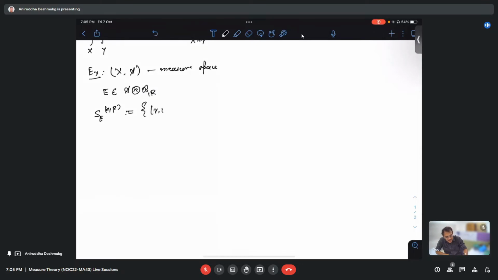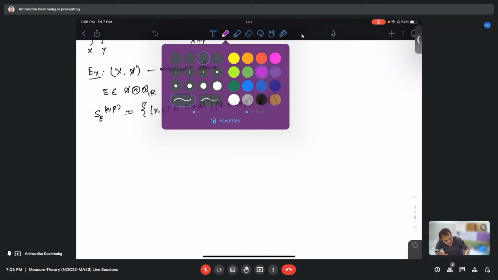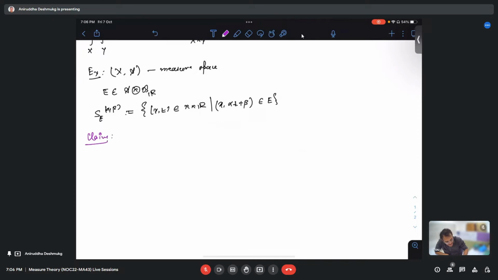This set is the collection of all (x, t) in X cross R such that (x, alpha t plus beta) is inside E. And the claim is, for every such E in A cross B_R and for every alpha, beta in real numbers, this S_E(alpha, beta) is inside A cross B_R. So does everyone agree with this? This is our claim.